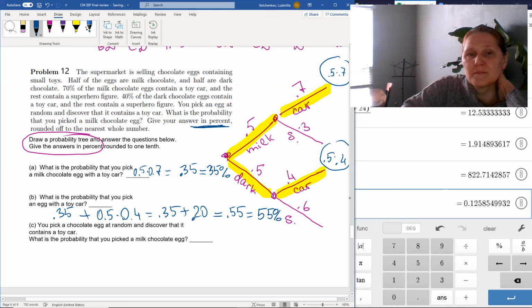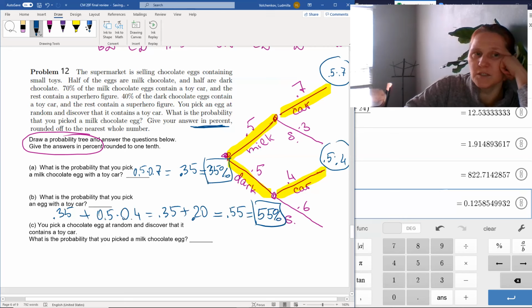55%. You pick a chocolate egg at random and discover that it contains a toy car. So this is given. What is the probability that you picked a milk chocolate egg? So find the probability of milk chocolate given that you have a toy car.